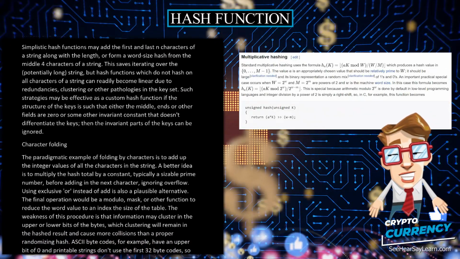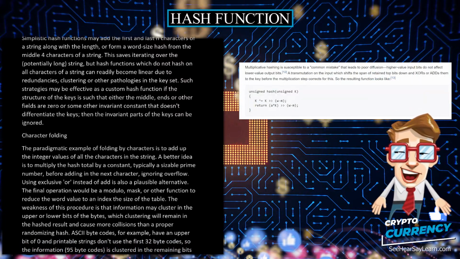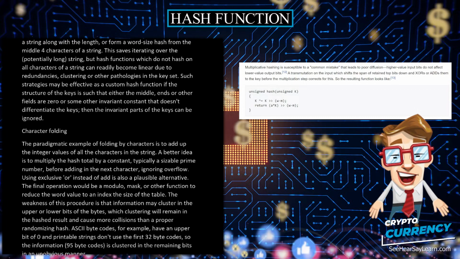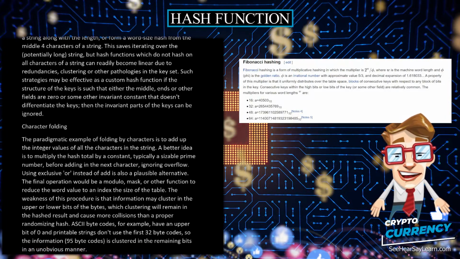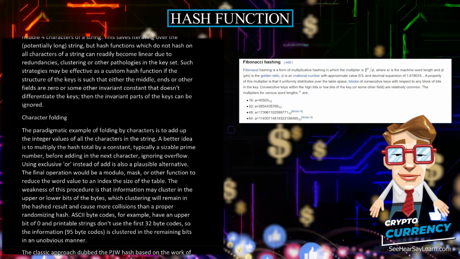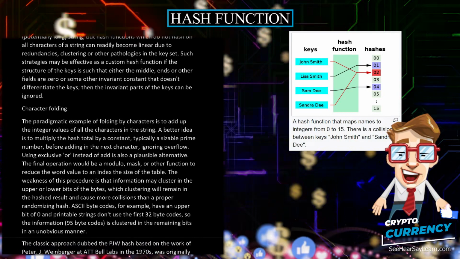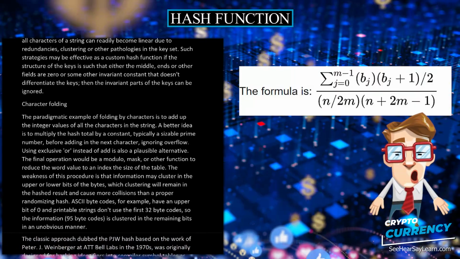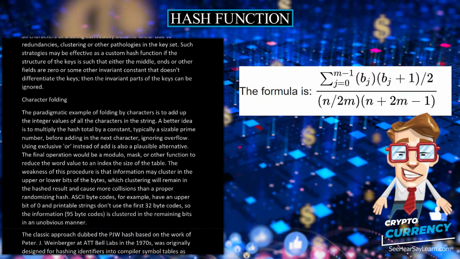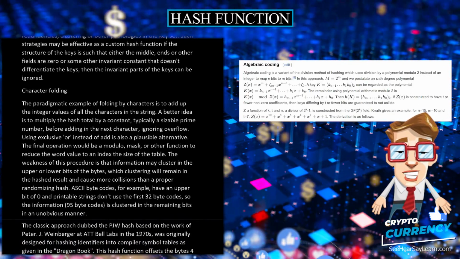The weakness of this procedure is that information may cluster in the upper or lower bits of the bytes, which clustering will remain in the hashed result and cause more collisions than a proper randomizing hash. ASCII byte codes, for example, have an upper bit of 0 and printable strings don't use the first 32 byte codes, so the information, 95 byte codes, is clustered in the remaining bits in an unobvious manner.